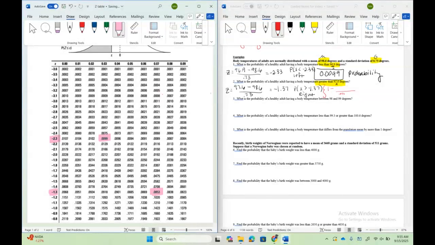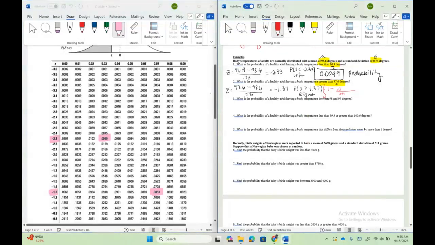It looks like that's 0.0853. So I'm going to do 1 minus 0.0853, and my answer is 0.9147.